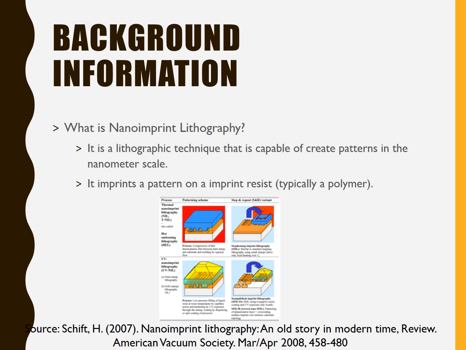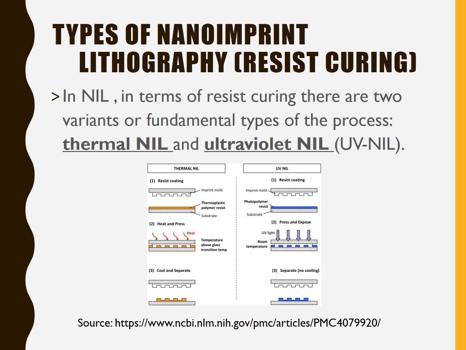We will be expanding a little bit more on the next slide. As I just mentioned, we have two types of nanoimprint lithography. When we are talking about resist curing, these two variants of the fundamental types of this process are thermal NIL and ultraviolet NIL, that is UV NIL.